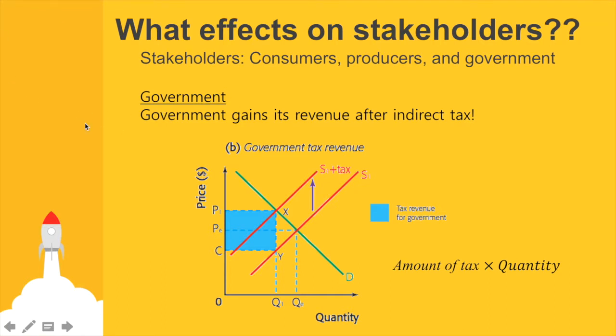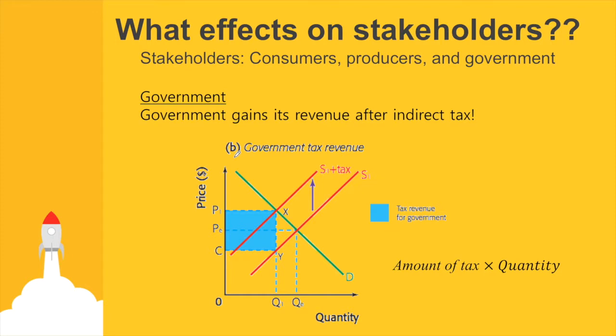Okay, so here is the diagram when there's a specific tax. Bear in mind that we're talking about specific tax, not percentage tax. This diagram shows the situation of specific indirect tax. As I explained before, there is a shift in the supply curve by the amount of tax imposed.